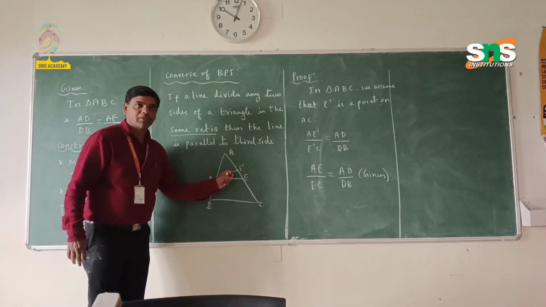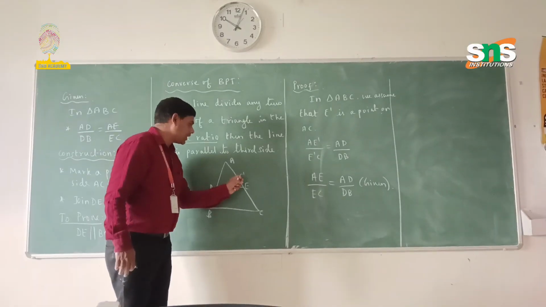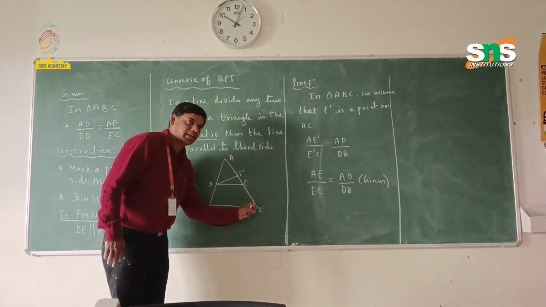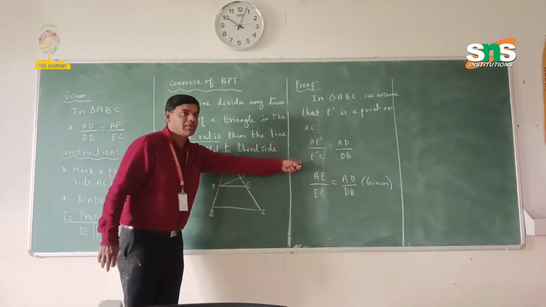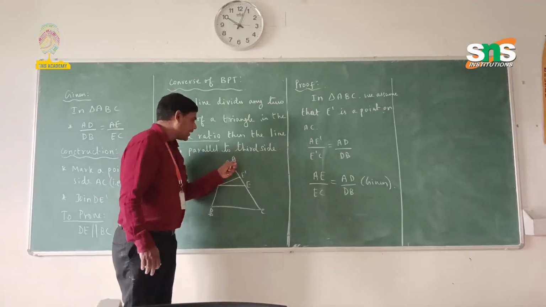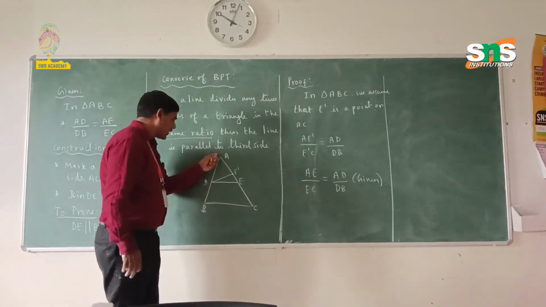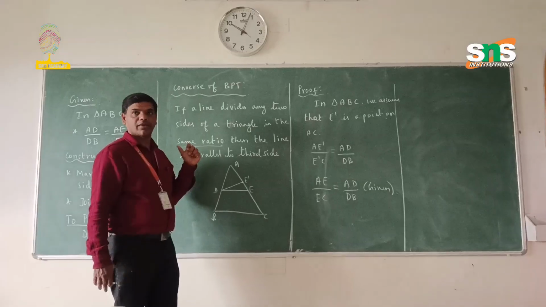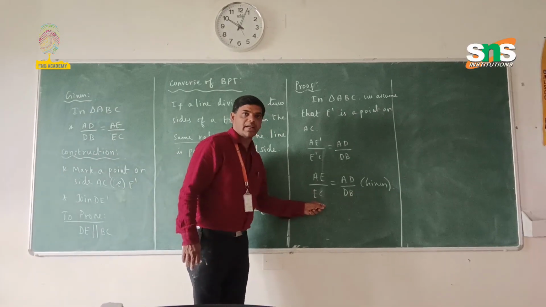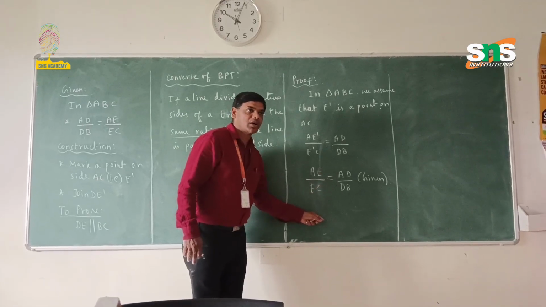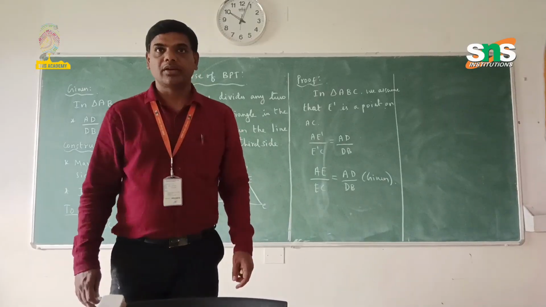Any doubt in this? Now in the proof we are explaining that in triangle ABC, E dash is a point on AC. When it is a point on AC, it will divide in the same ratio. That is, AE dash divided by E dash C equals AD by DB according to the definition. At the same time, from the given we know that AE by EC is equal to AD by DB. You understand?